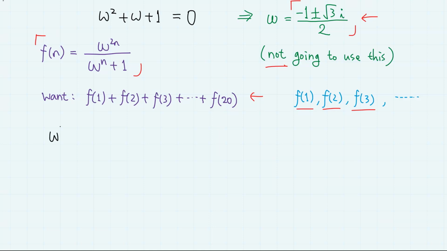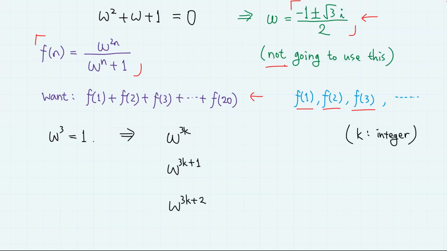Remember that we have omega cubed equals 1. This means that we can find a pattern for general integer exponents by dividing the cases into 3k, 3k plus 1, and 3k plus 2 for integer k. Omega to the power of 3k equals omega cubed raised to the power of k, and since omega cubed equals 1, we have 1.